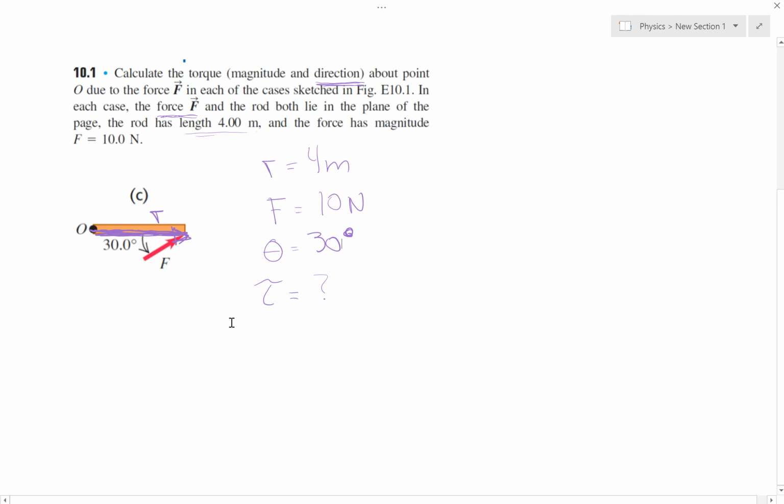Okay, another example really quickly. Our force has changed. I've drawn the lever arm again from the origin or the axis of rotation, which is still this point O right there. The rod is fixed at that point. It's stuck there. And I've drawn our lever arm from the axis of rotation to the point where the force is applied.